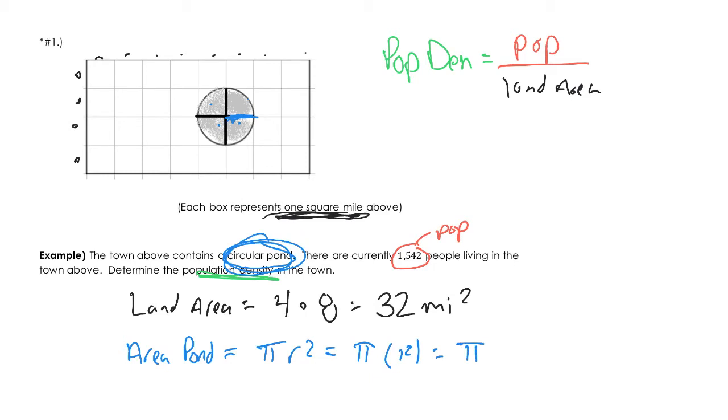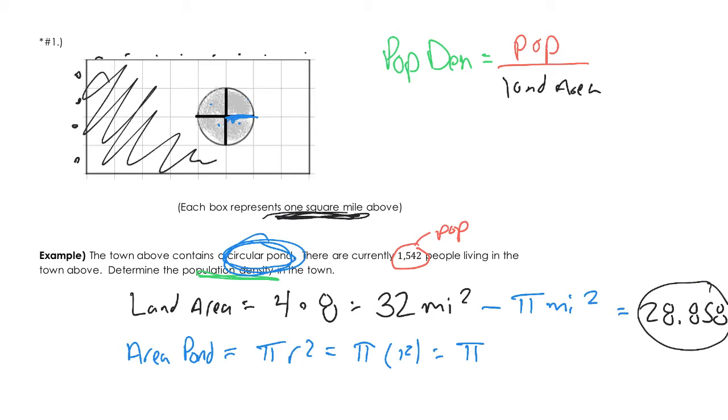All right, so it's 32 square miles for the land, but we're going to minus pi miles squared for the pond. So our land area ends up being, when I do 32 minus pi, 28.858. All right, so now we have the land area of the space above.